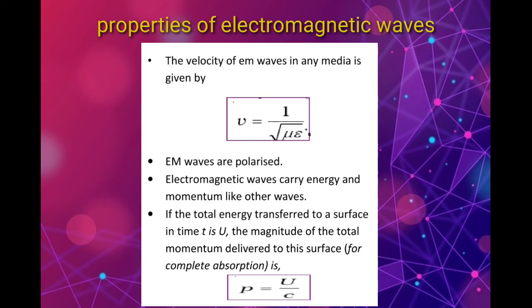And the next property: the velocity of an electromagnetic wave in any medium is given by v equal to 1 by root mu epsilon.